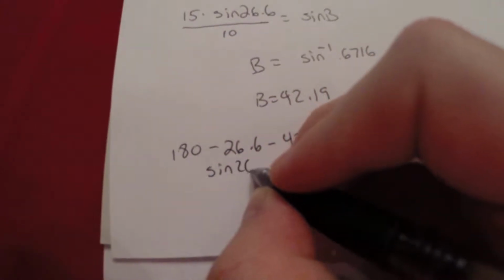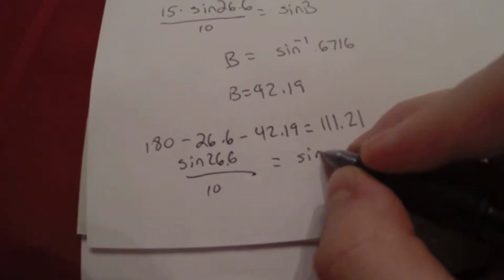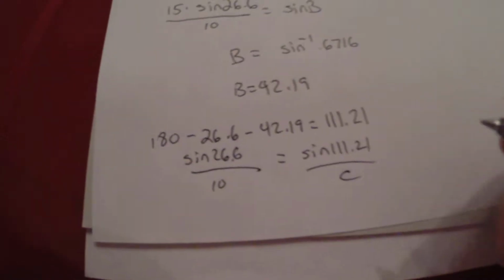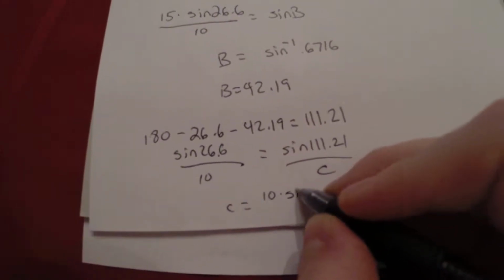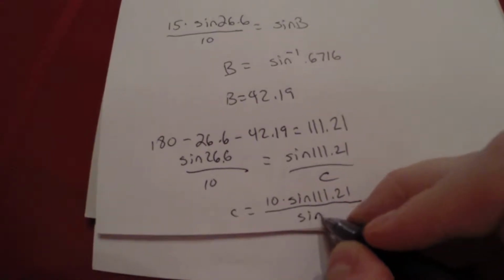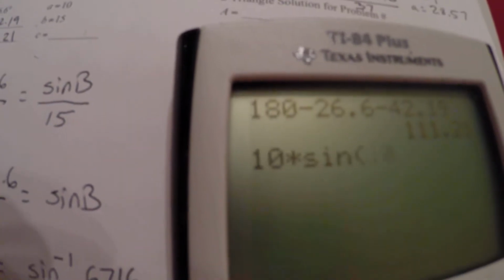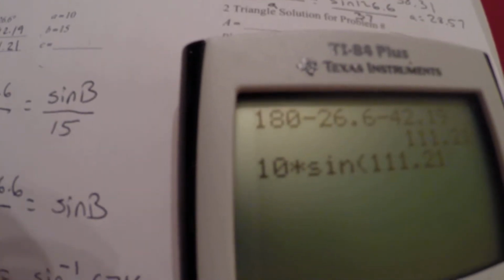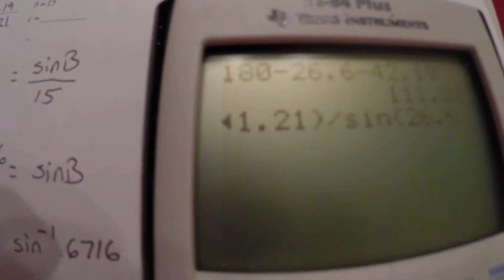Almost done. Need one more side, so law of sines again. We use A because it's more precise. So sine 26.6 over 10 equals sine 111.21 over C. Cross multiply and divide. C is going to equal 10 times sine 111.21 divided by sine 26.6.